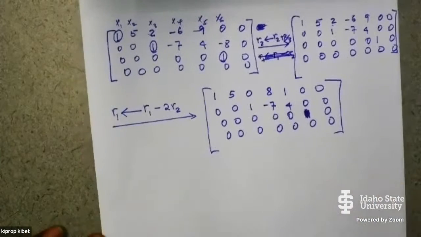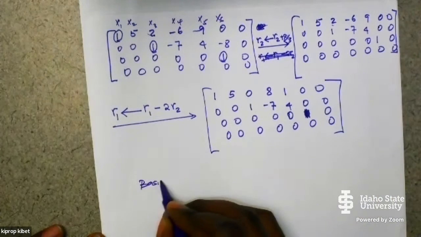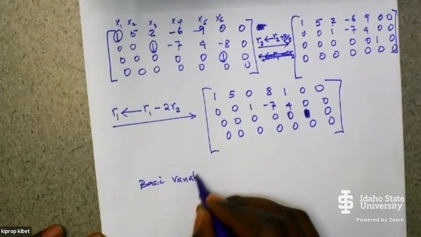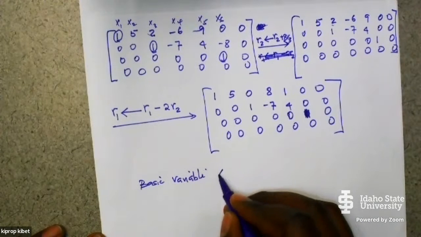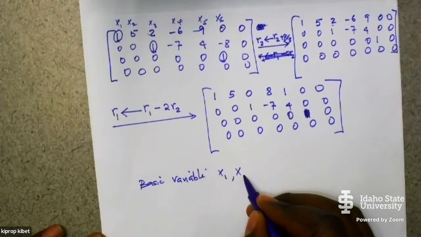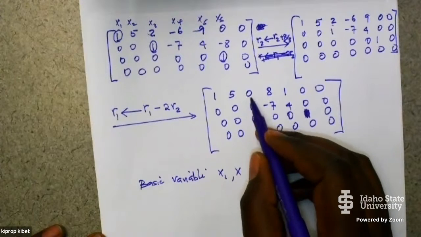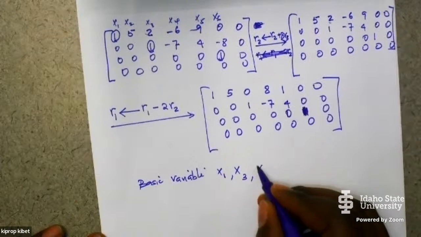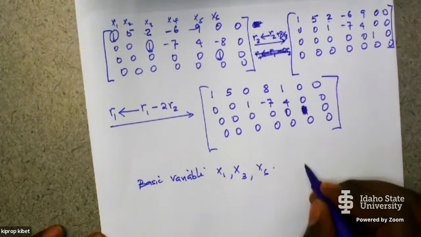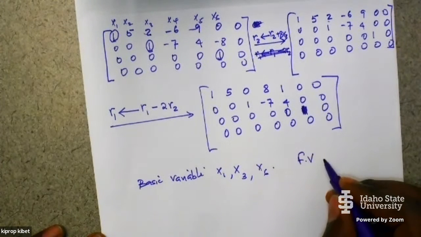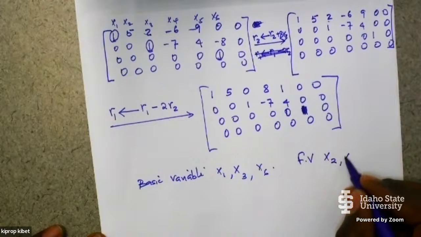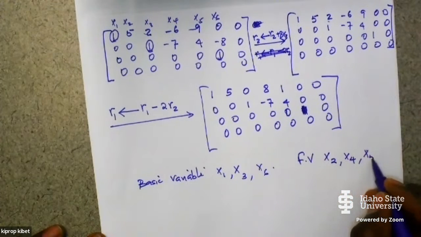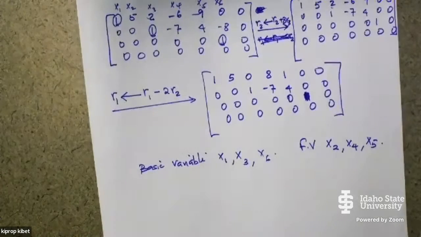So therefore, our basic variables are now x1, x3, and x6. Our free variables will now be x2, x4, and x5.